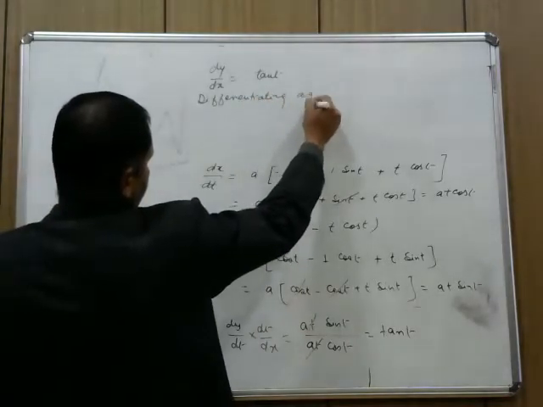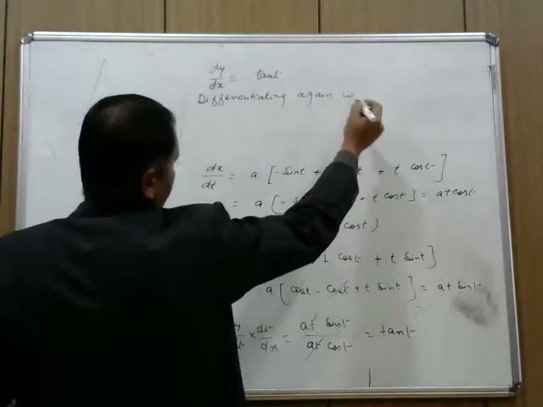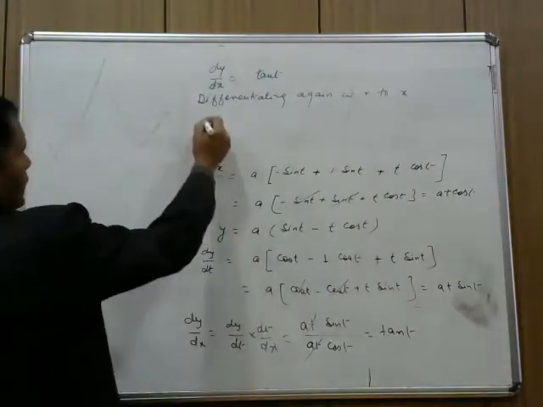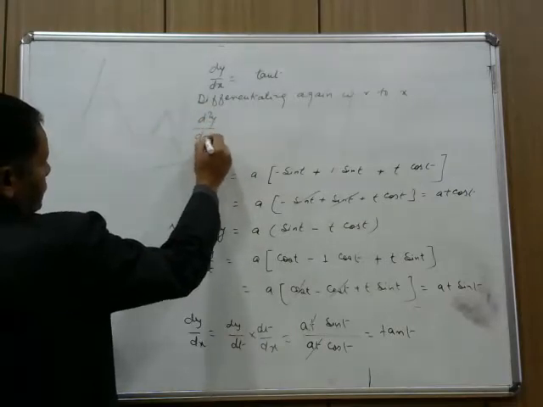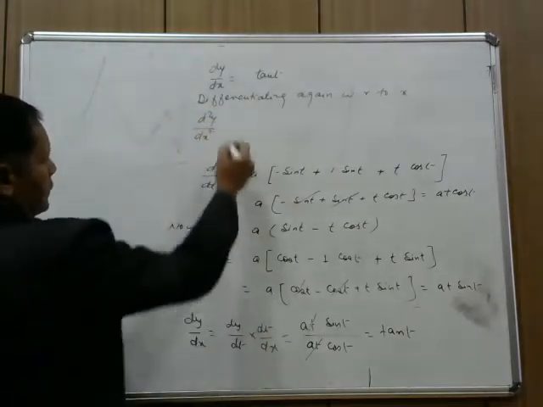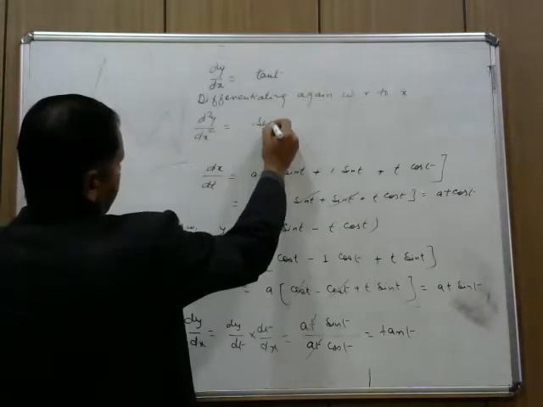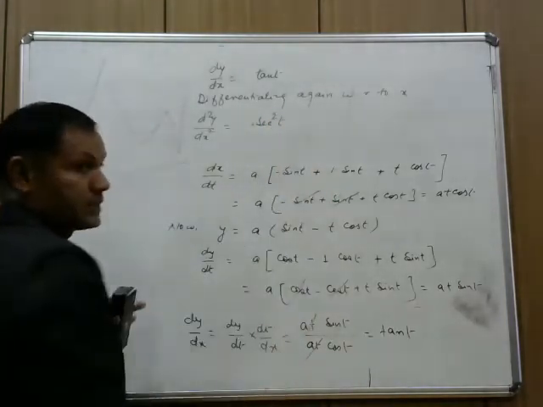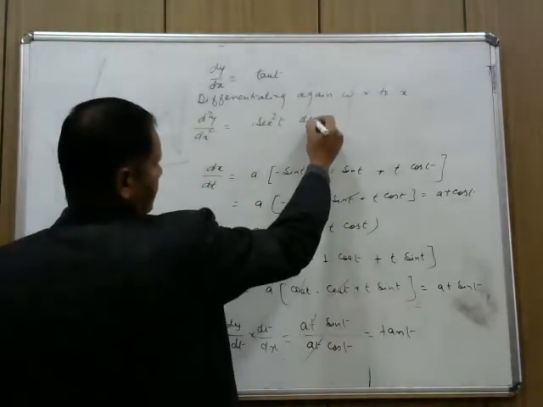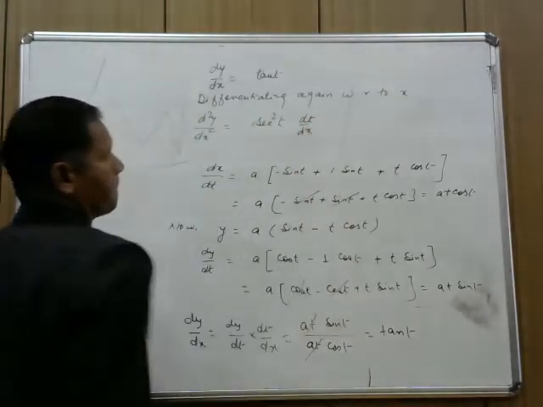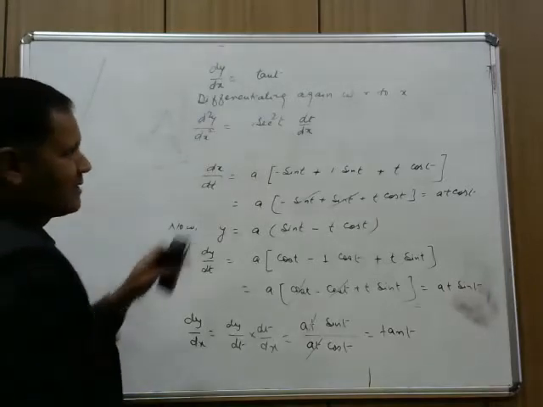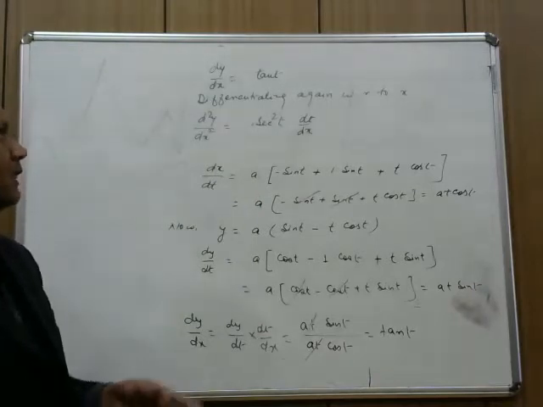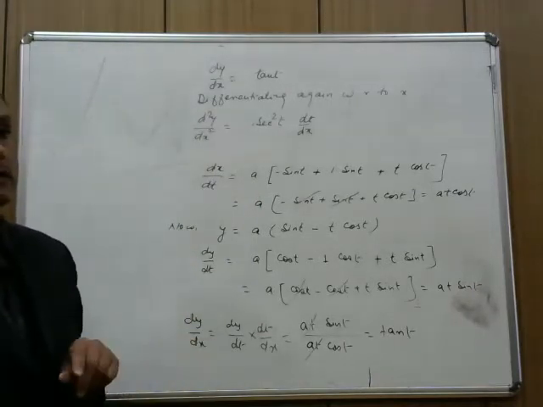So now what will we get? d2y by dx square is equal to the differentiation of tan t, sec square t, into the differentiation of t, that is dt by dx. And this is the step where almost all the boys make mistakes, because here I am differentiating with respect to x, not with respect to t.